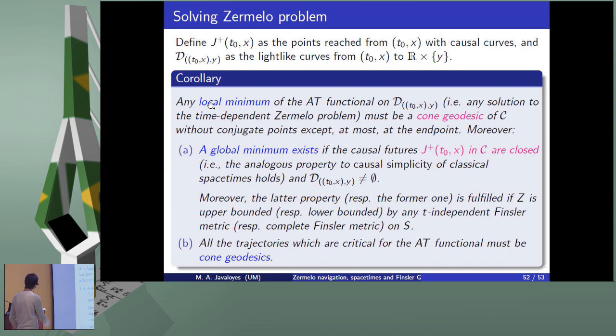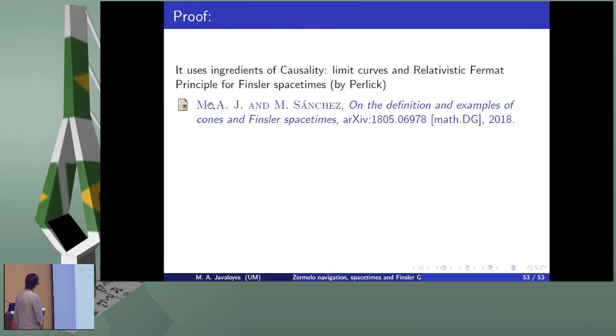This is the final result, the solution of the Zermelo problem in the time-dependent case. This last theorem is contained in a very recent paper. The proof uses the theory of causality and the Fermat principle for Finsler spacetimes, which was resolved by Volker Perlick.